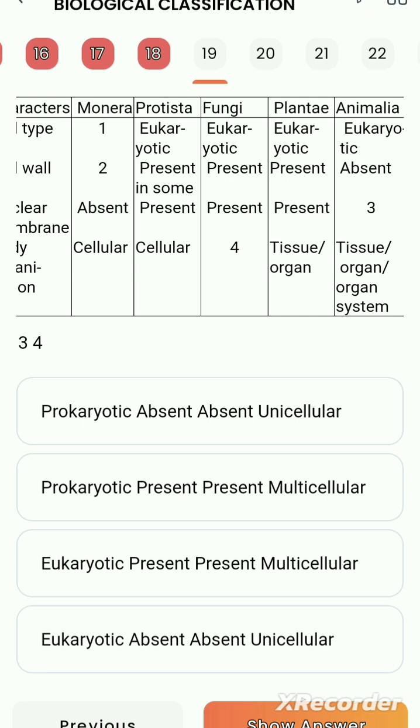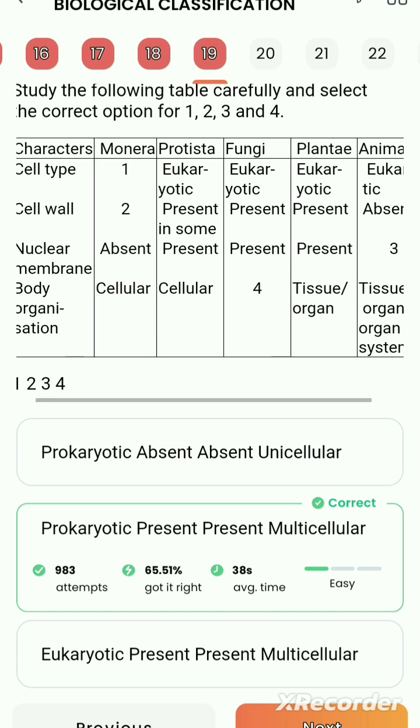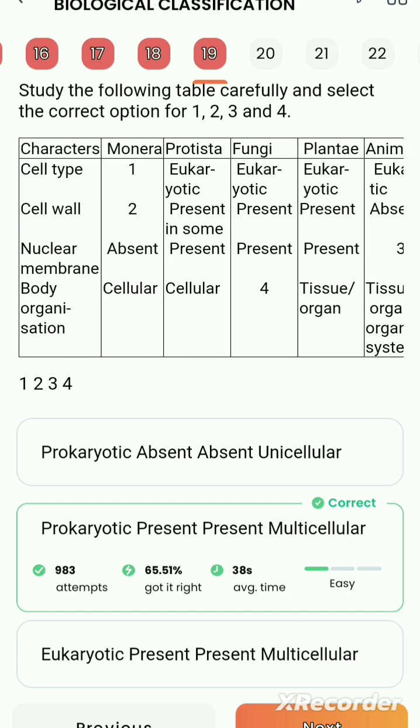So cell type, cell wall, which is present here, that is prokaryotic is present. That means present, multicellular. Cell type, cell wall, is it present? Yes, present. And the next one is body organization, cellular.